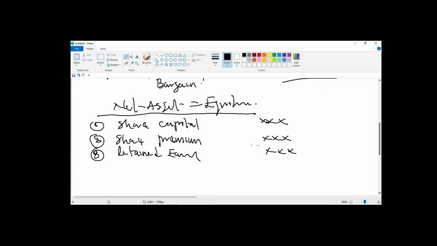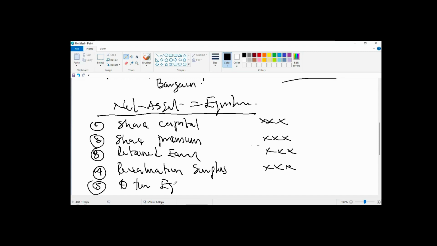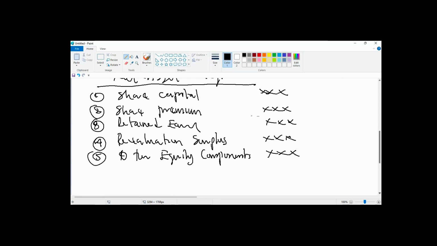Then 4, revaluation surplus. Then 5, other equity components. Addition of all these at any date of acquisition or date of disposal gives me the net assets.